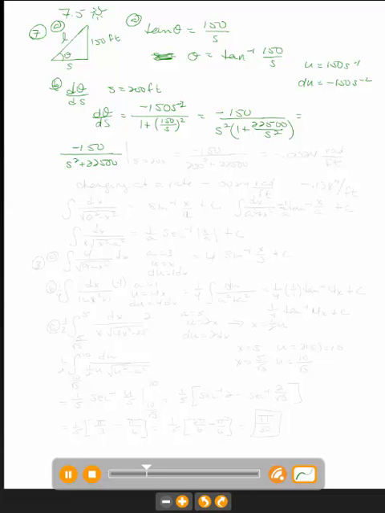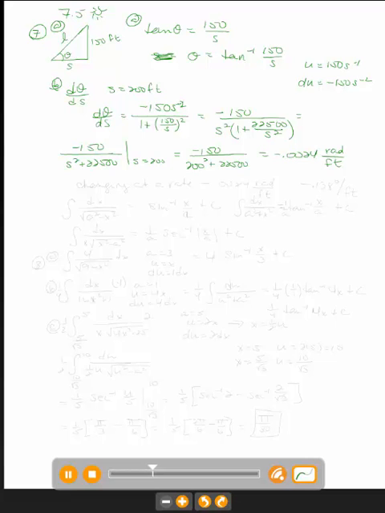And now I need to plug in the 200 feet. So that gives me negative 150 over 200 squared plus the 22,500. And you get negative 0.0024. Now, what are the measurements on this? This would be not degrees, because calculus is done in radians. So radians per the shadow, which is measured in feet.